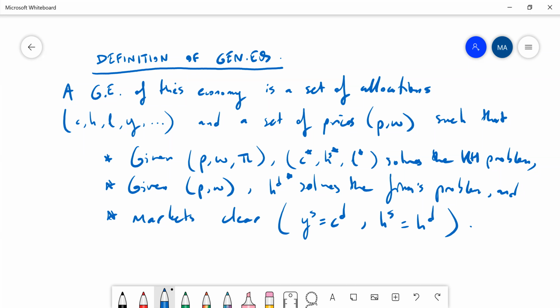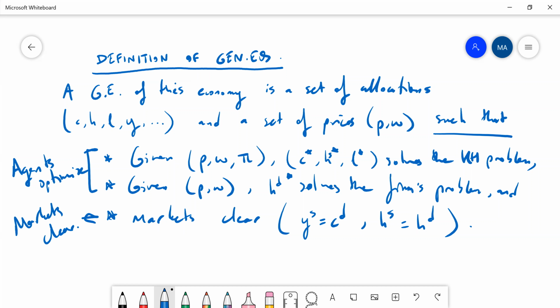So that is the definition of general equilibrium. So general equilibrium is a set of prices and a set of allocations such that agents optimize, markets clear. Agents optimize, markets clear.